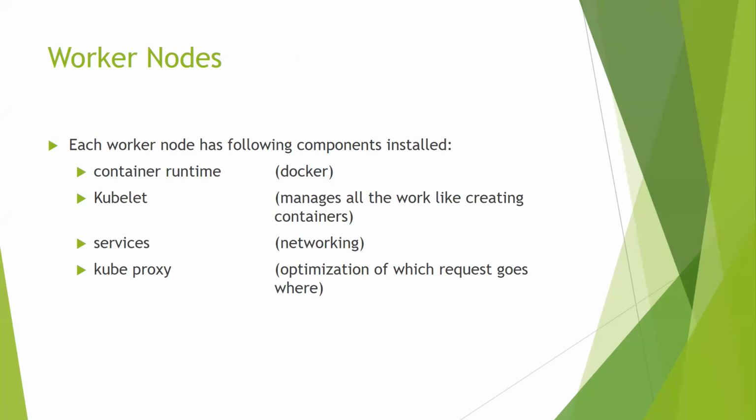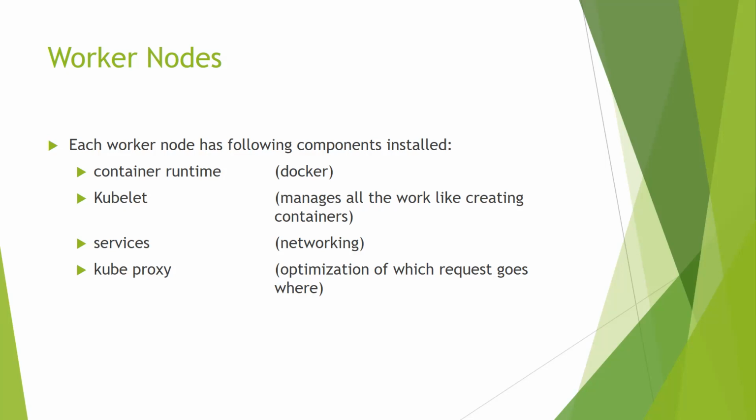So on the worker nodes, I was telling you, we have a container runtime, called Docker runtime. We are using Docker, or maybe there are other tools. And there is kubelet.